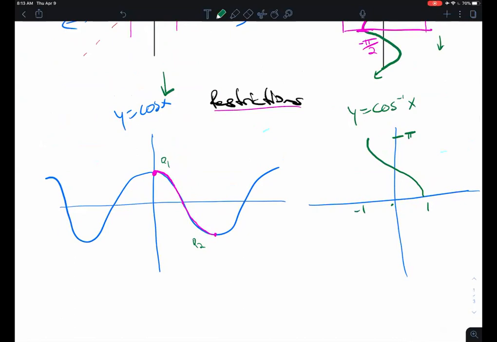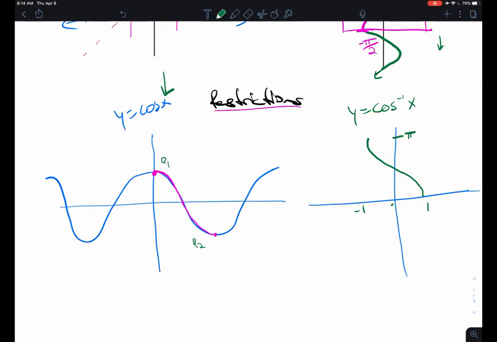And when I'm plugging in those x's for y equals cosine x, what am I plugging in? Am I plugging in angles or am I plugging in trig ratios? Well, x is the angle, right? I would plug in an angle. I'd plug in 30 degrees. I'd plug in 60 degrees. I'd plug in 2 pi over 3. And I would get some number that represented the trig ratio.